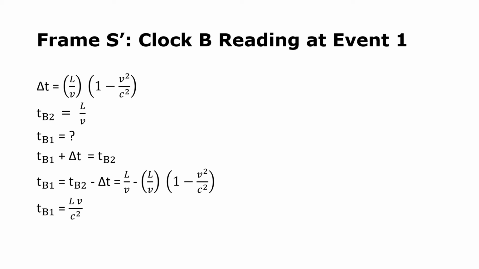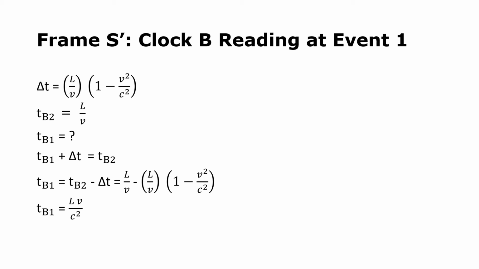Here TB1 is the reading of clock B at event 1 according to frame S prime. TB2 is the reading of clock B at event 2 according to frame S prime, and delta T is the time taken in frame S clocks as read by frame S prime.